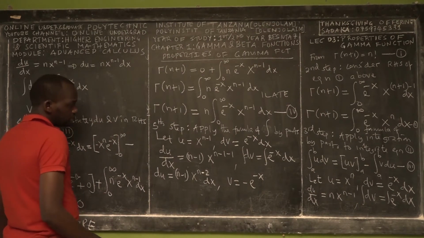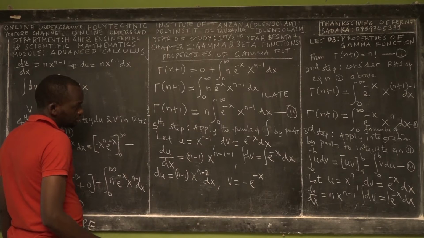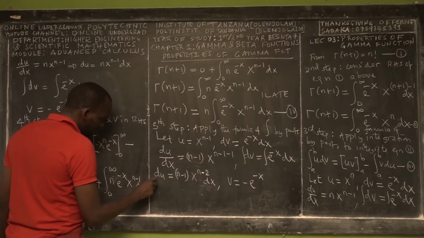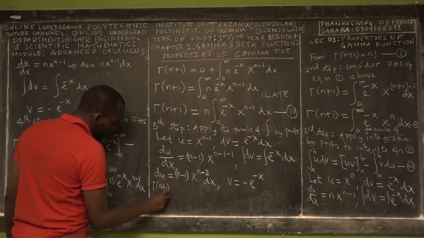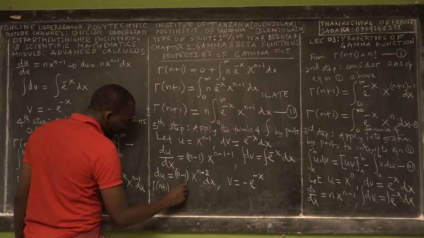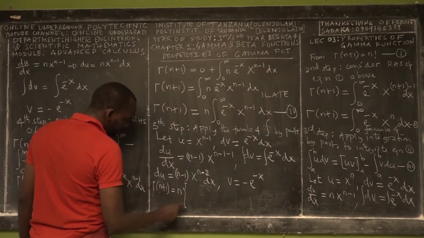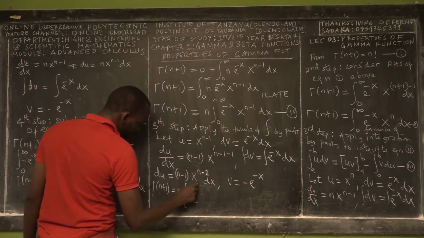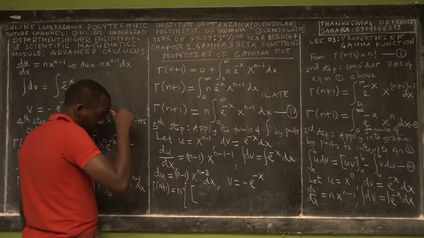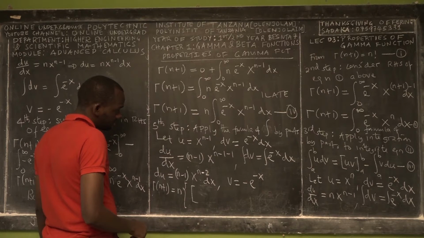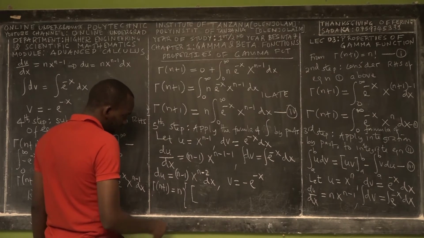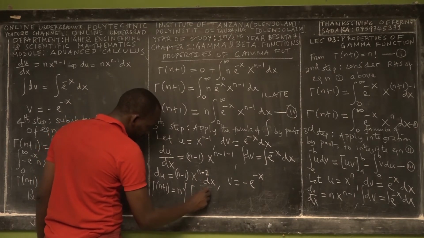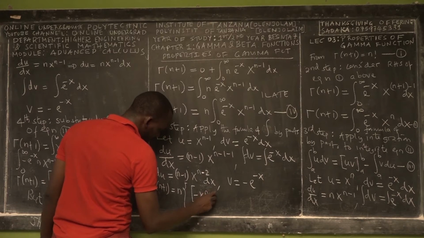So for that case, we say that gamma of n plus 1 is equal to n, so then we have what? u. What is u?